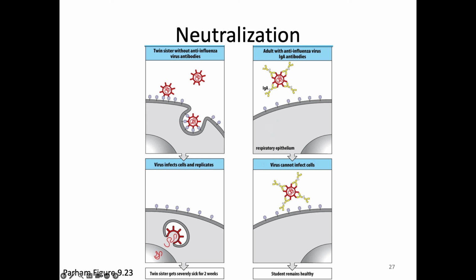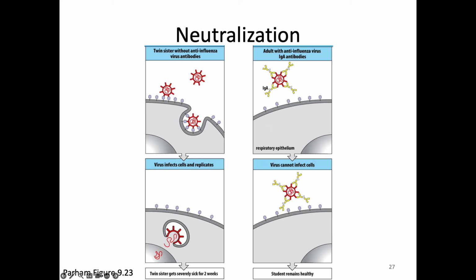Basically, this antibody is blocking the virus from being able to interact with the receptor on our cell. And so this virus can never get into the cell and never cause problems. So neutralization is this physical blocking, the antibody physically blocking, in this case a virus, from interacting with a receptor. That's what neutralization is. Sometimes I have described neutralization in my life as a fancy word for steric hindrance, because it's really just this antibody getting in the way of these other two things binding.